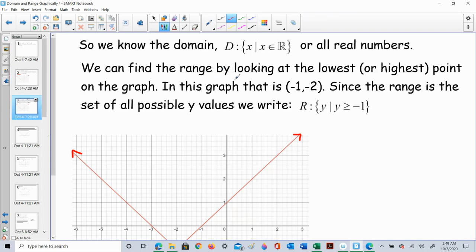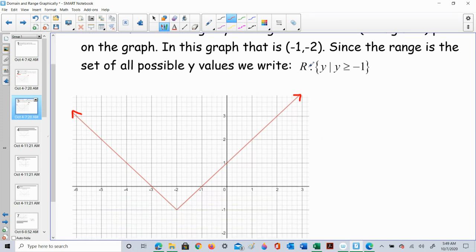So what about the range? Well, for the range, we can look at the lowest or the highest point in the graph. In this case, that's point -1, -2. This point here, -1, -2. Since the range is a set of all possible y values, we're going to write that y is greater than or equal to -1.